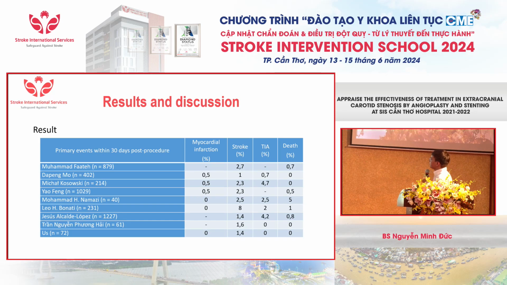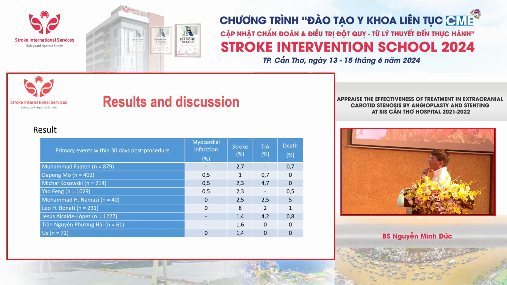Like other research, we had no MI complication, just 1 case with stroke. That is the case I mentioned at the top: a patient had severe stenosis of the extracranial LICA, but also severe stenosis of the right MCA.